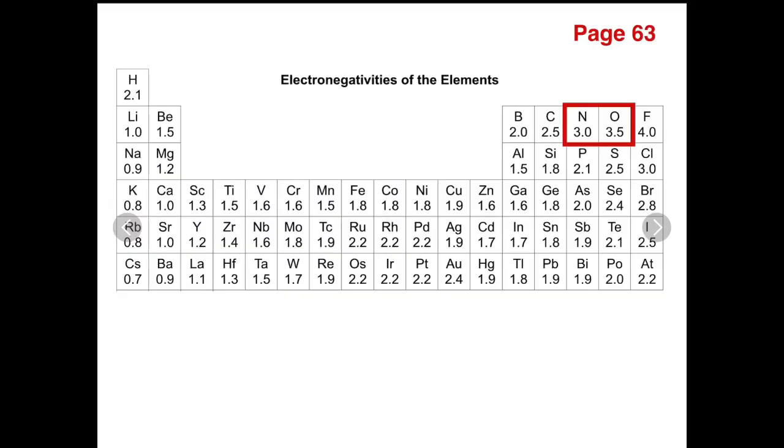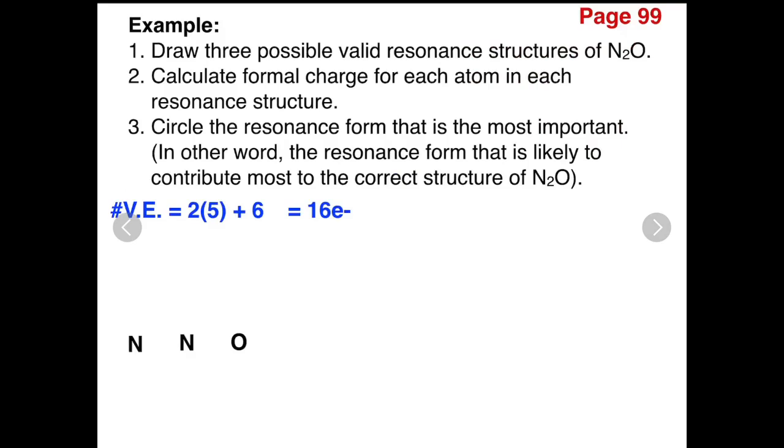Because nitrogen has a lower electronegativity value than oxygen, we are going to put nitrogen in the middle. If you remember the formal charge, the best central atom would be the atom that has the least electronegativity value. So that's why I'm going to put nitrogen there.